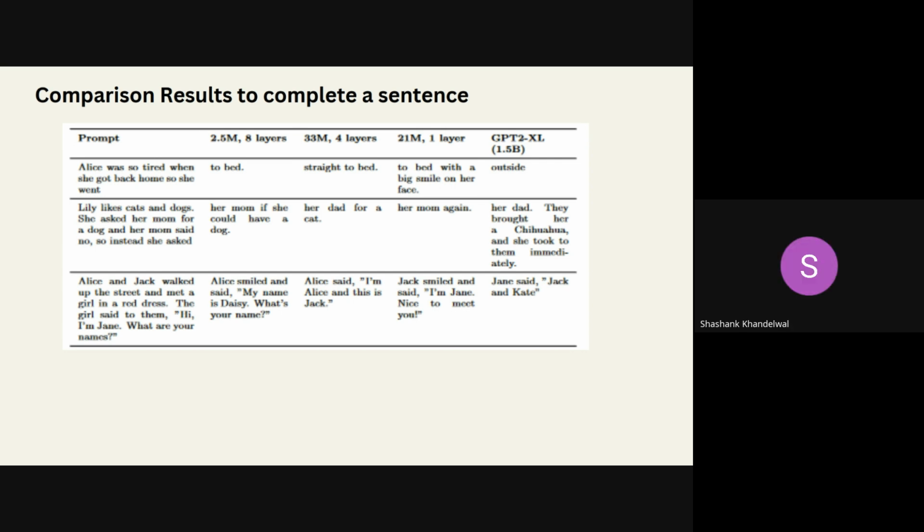Don't compare it with one shot and few shot. What I wanted to say is that the first thing is the grammar and the reasoning. Naturally, it will learn it from the data set.